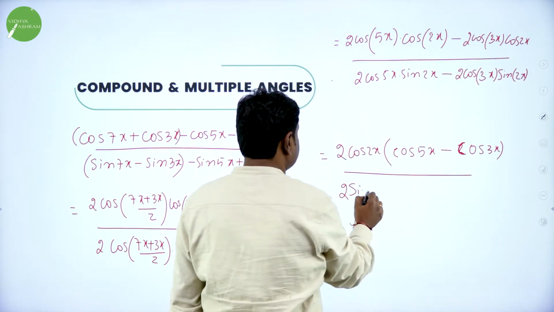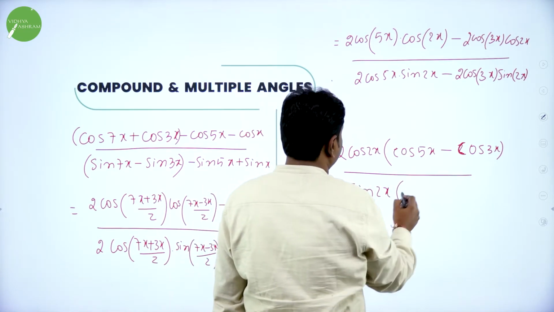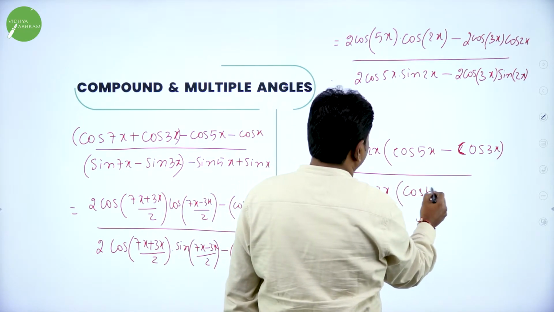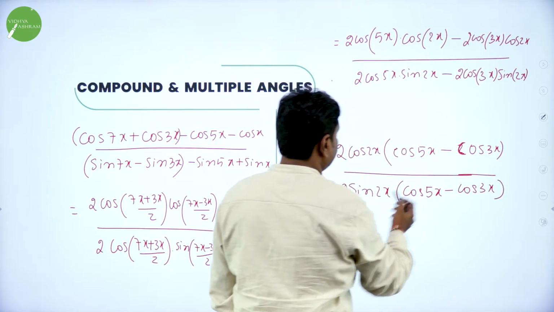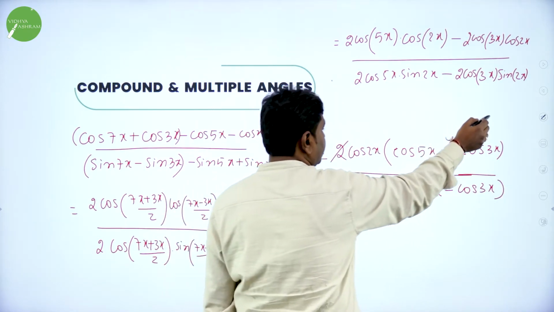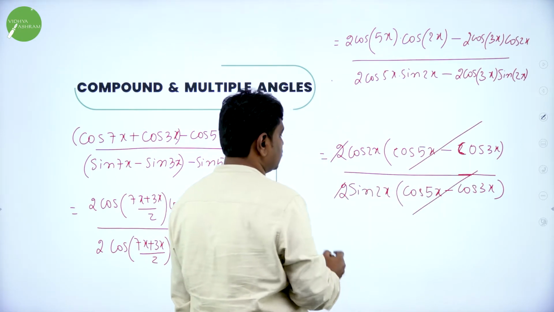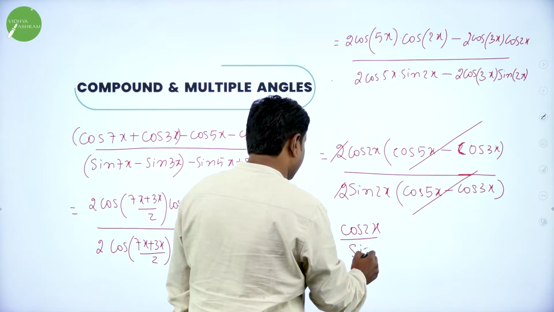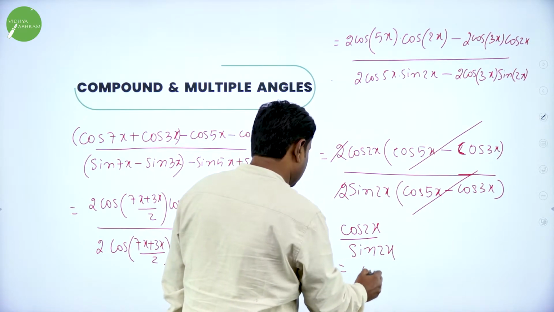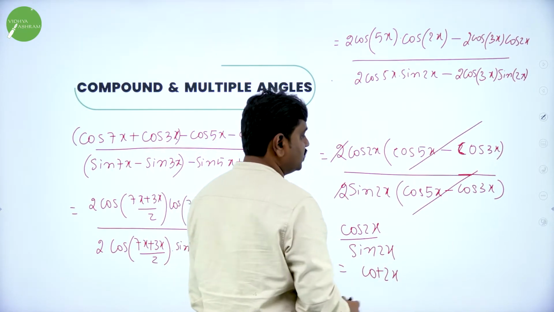So 2 sin 2x I can take out common. If I take it out, I will be left with cos 5x minus cos 3x. So in the brackets, 2 cancels and cos 5x minus cos 3x cancels. You are left with cos 2x by sin 2x. All of you know cos by sin is what? Cot 2x. Hence the proof.